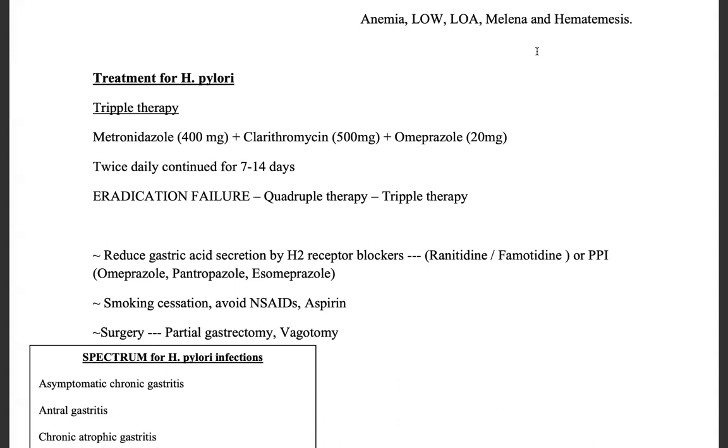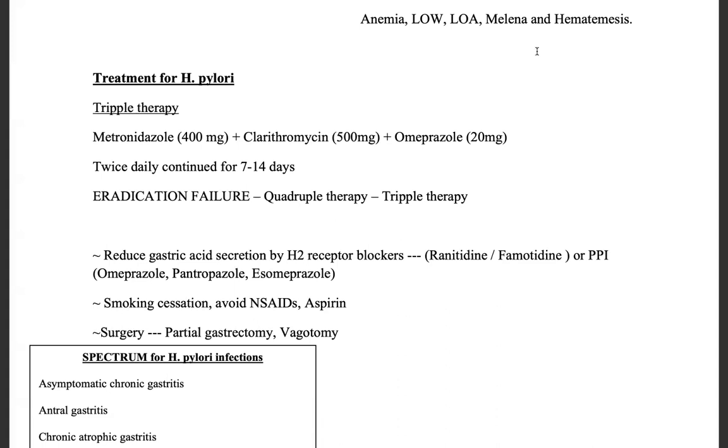And if the patient is smoking, first of all, smoking cessation is very important. And suppose a patient has rheumatoid arthritis, with some kind of joint pain, and the patient is taking NSAIDs, you should prescribe a proton pump inhibitor along with the NSAIDs, or you should tell the patient to avoid NSAIDs as much as possible if the patient is having epigastric pain or signs and symptoms of peptic ulcer disease.